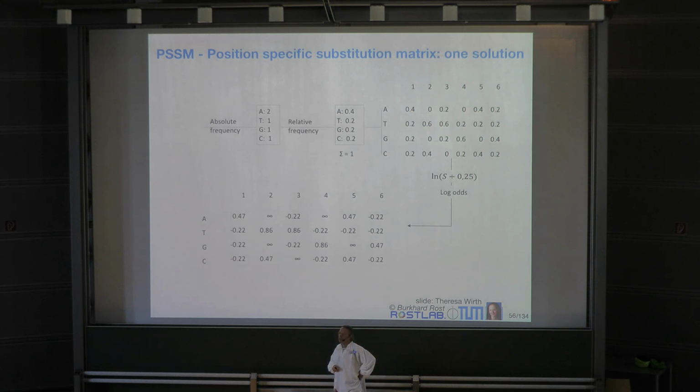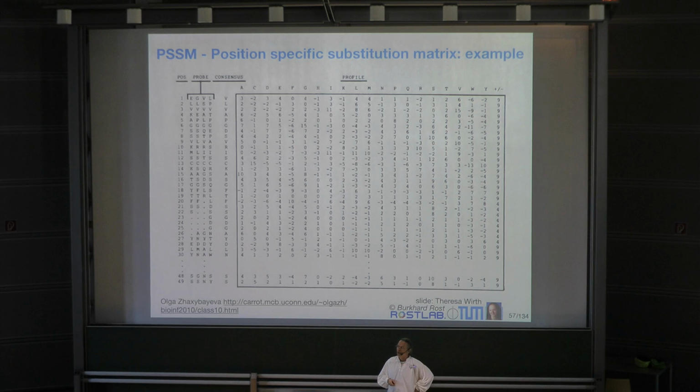Here there are still no pseudo-counts, that's why there's infinity. Pseudo-counts means I'm going to invent some low counts somewhere, so that I don't get infinity in the log-odds. And that ultimately is what you see on the right-hand side.